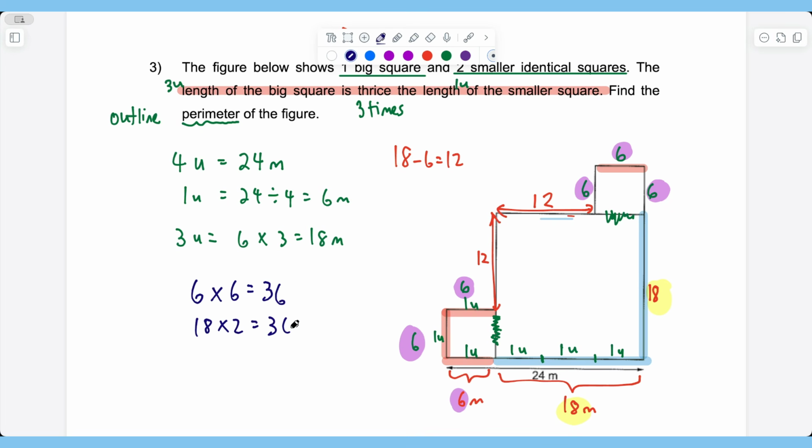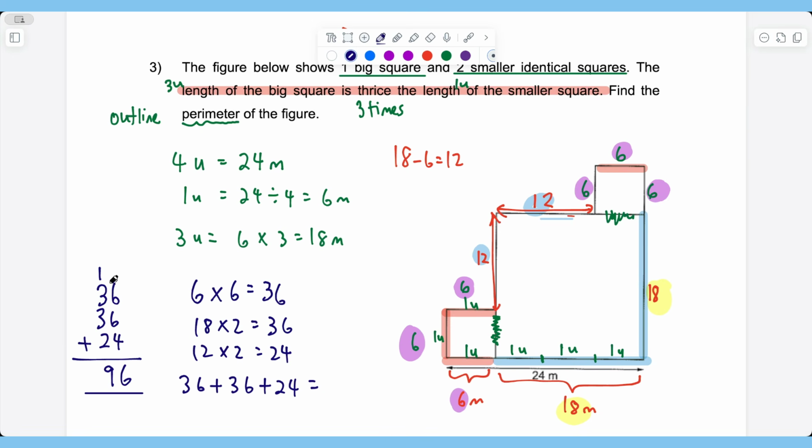That gives us 36. And then we have another 2 sides which are 12 each. So that's 12 times 2, which is 24. And we just need to add 36 plus 36 plus 24. That gives us 96 meters. And that's the final answer.